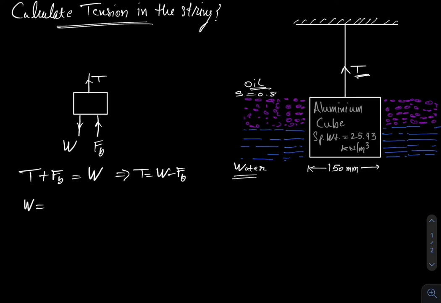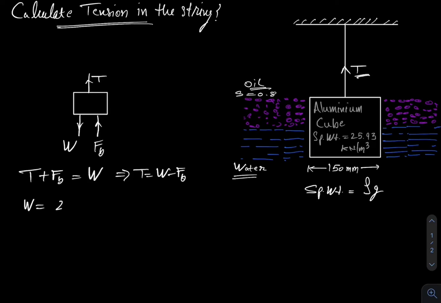So what is the weight? First of all, what is given to us? Specific weight. Specific weight is equal to rho g, where rho is the density and g is the acceleration due to gravity.